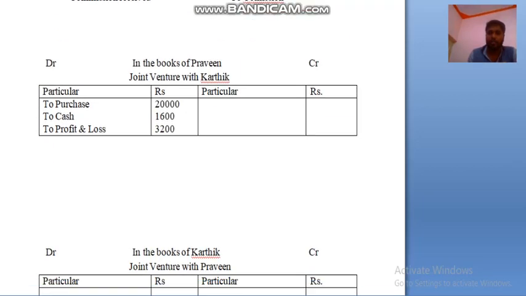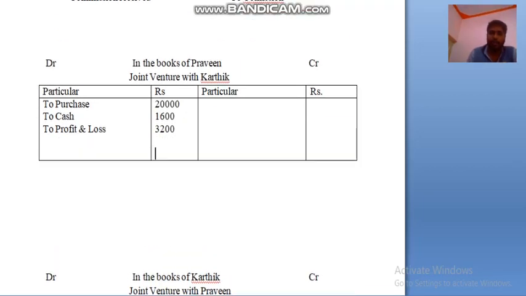Now close the books of Praveen account. So in Praveen account, the total on debit side is 20,000 plus 1,600 plus 3,200, so 24,800. 24,800 on both the sides. So the total is 24,800.